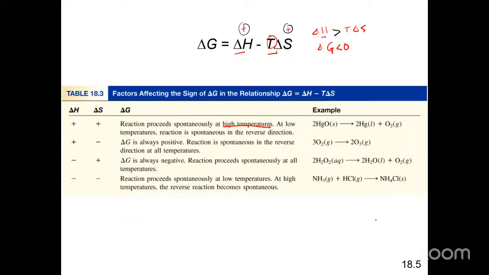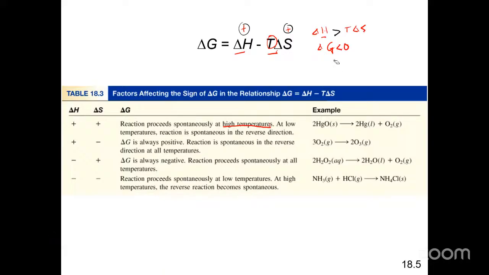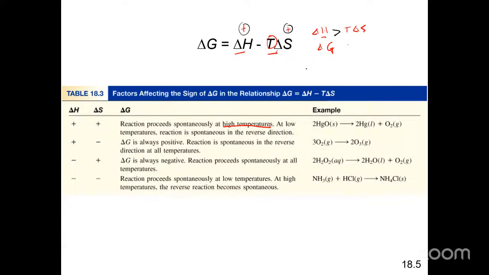So what does that mean for delta G? Delta G would be positive, and therefore, the reaction would not be spontaneous in that direction. It's going to be spontaneous in the other direction. So that's why it says here, at low temperature, the reaction is spontaneous in the reverse direction.